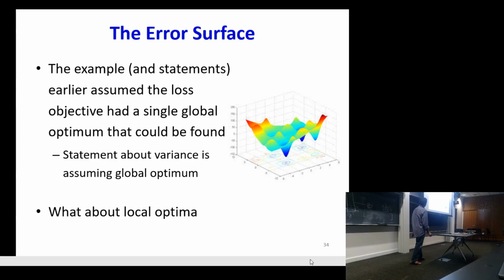The most popular hypothesis currently is that in large networks you have many more saddle points than local minima. Saddle points are places where the error is a minimum in one direction, but not a minimum in other directions. Even if you have local minima, the hypothesis is that the local minima are all kind of equivalent.